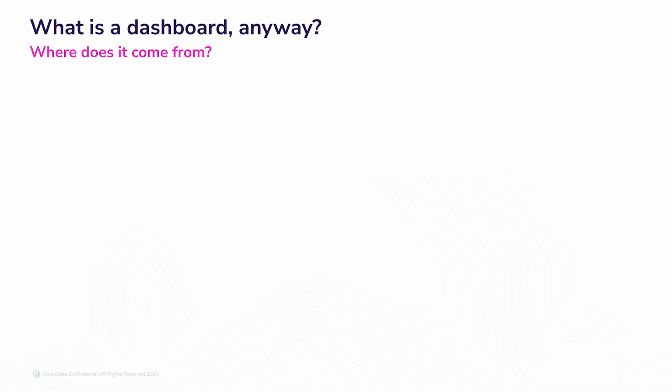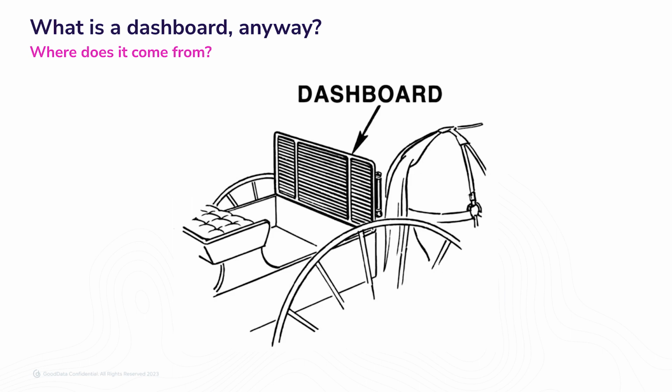Let's start at the very beginning. What is a dashboard anyway? Do you have any idea where it comes from actually? It's older than you might think, and you won't believe me, but it's true. Because this is the first dashboard.